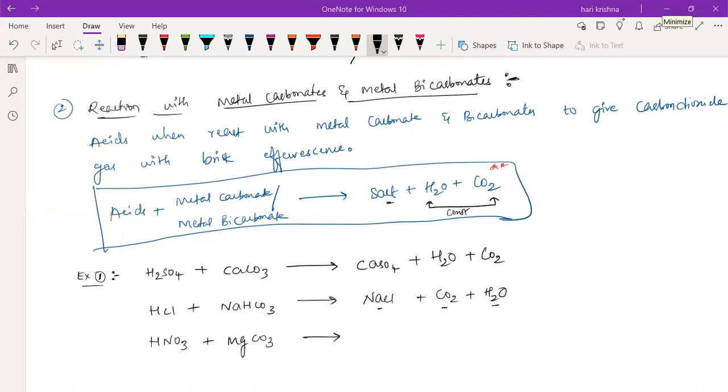Harini, what is the answer? So is it MgNO3 taken twice plus H2O plus CO2? Yes, same. CO2 plus H2O. Remaining, please be silent. Harini, how to balance this equation?